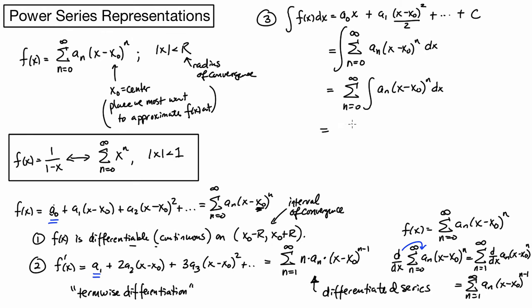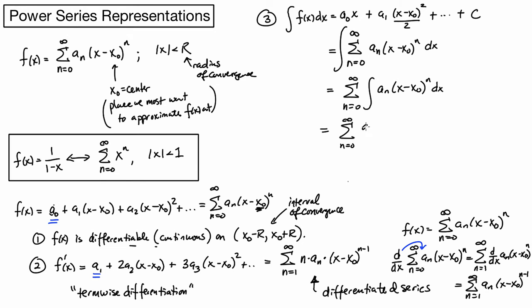And in doing so, I don't lose a term of my series. This doesn't go to n equal 1 like the derivative did, because the idea there is that I'm not losing the term a0. It's actually starting at the next term over.